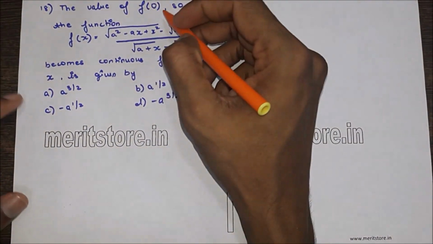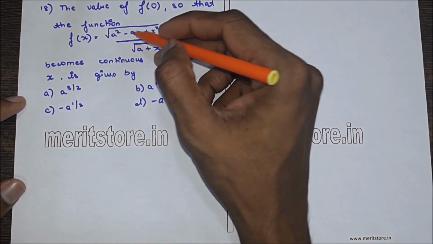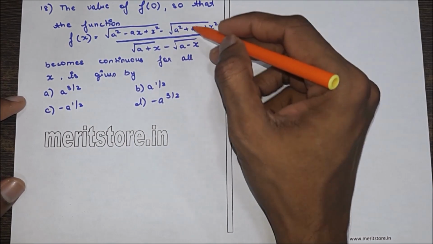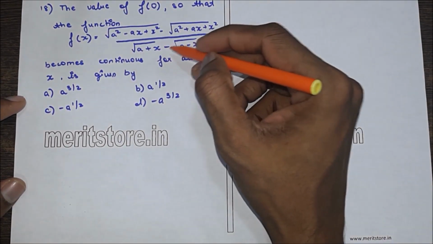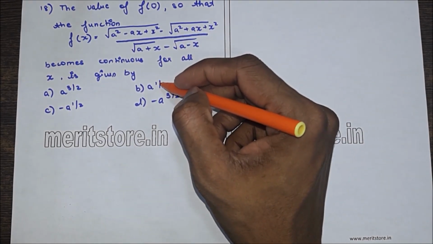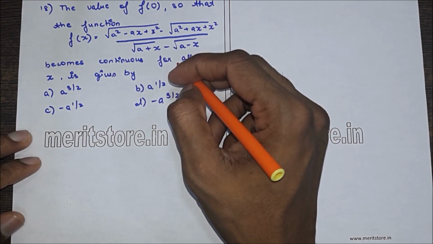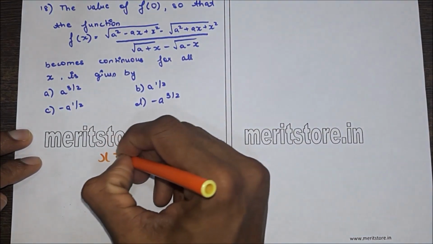The value of f of 0 so that the function f of x equal to root of (a squared minus ax plus x squared) minus root of (a squared plus ax plus x squared), upon root of (a plus x) minus root of (a minus x), becomes continuous for all x. f of x is continuous for all x, so it is continuous at x equal to 0.